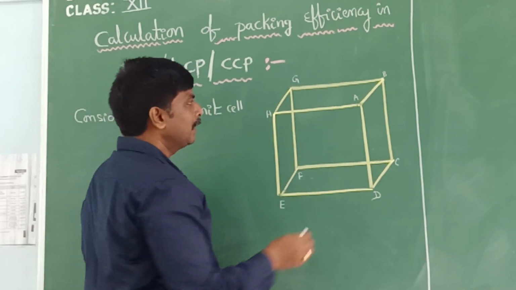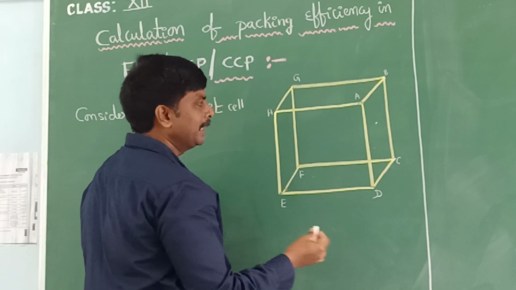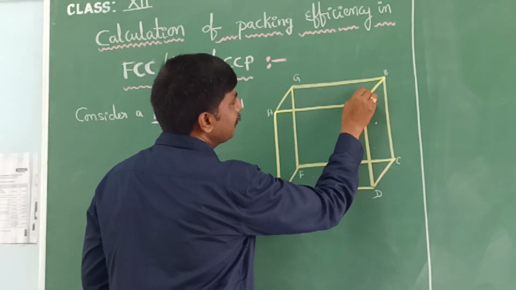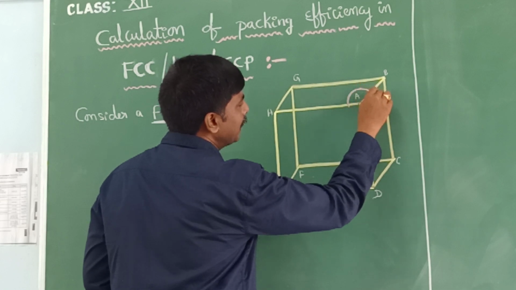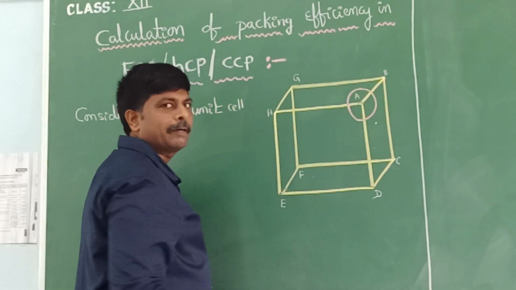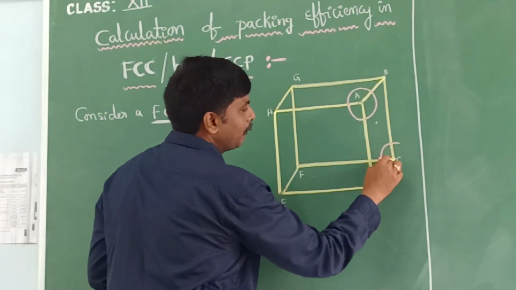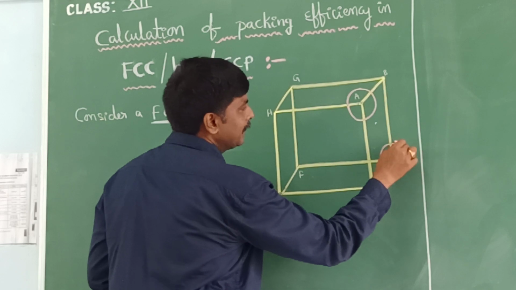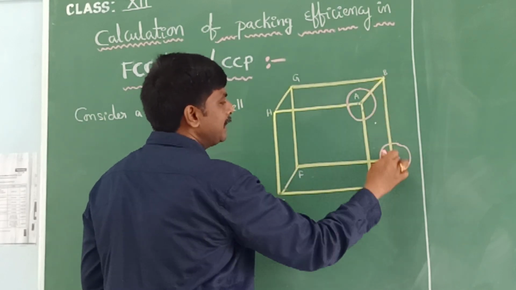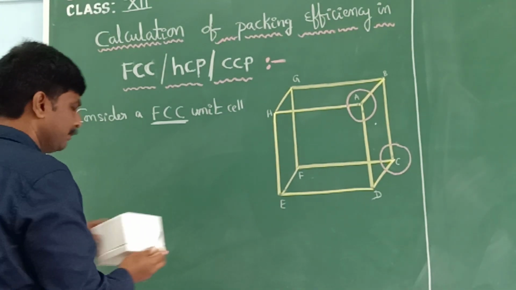Now, in one face center, I will take one atom here. I will mark it like this, A. One sphere is present at point A. Another sphere I will mark at C. A, B, C, D is a face like this.